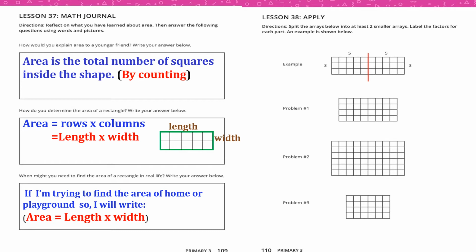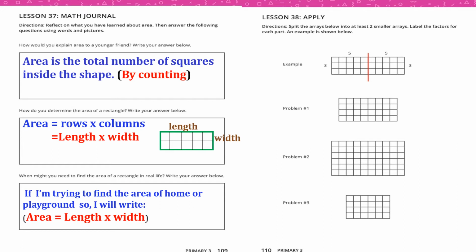So here, as an example, we have 3 rows and we have 10 columns. The total columns we have are 10. We can divide them, split them, or cut them into 2 smaller arrays. One will be 5 columns and the other will be 5 columns also.